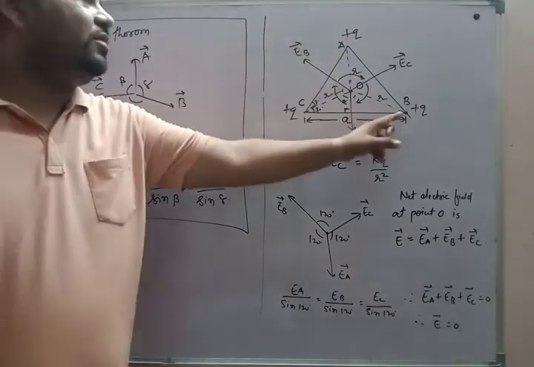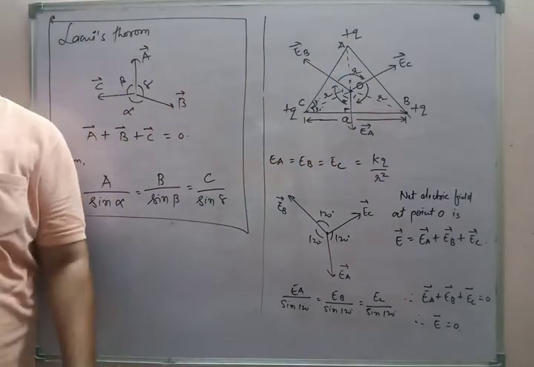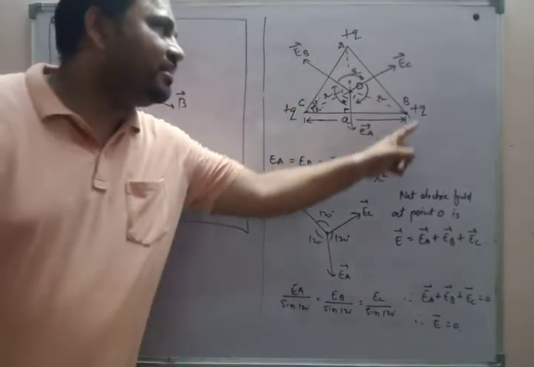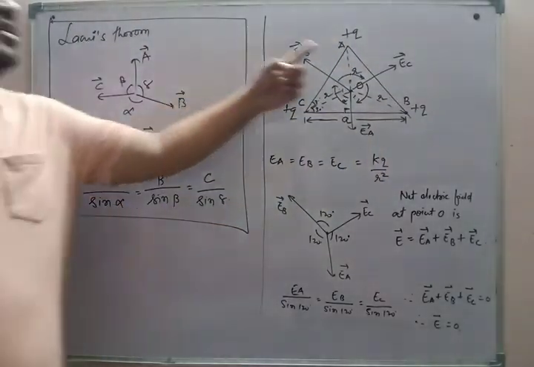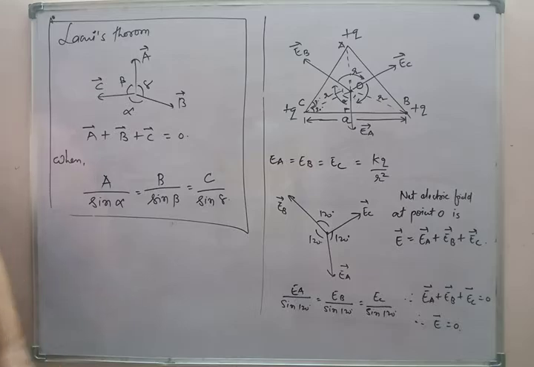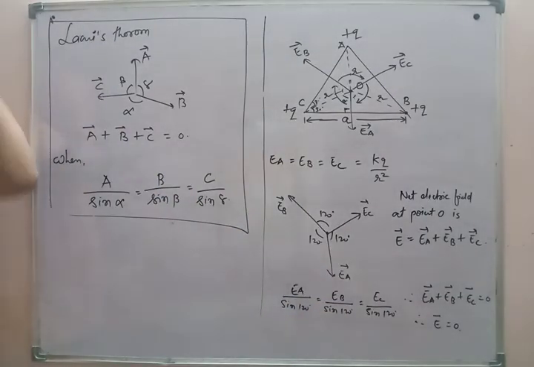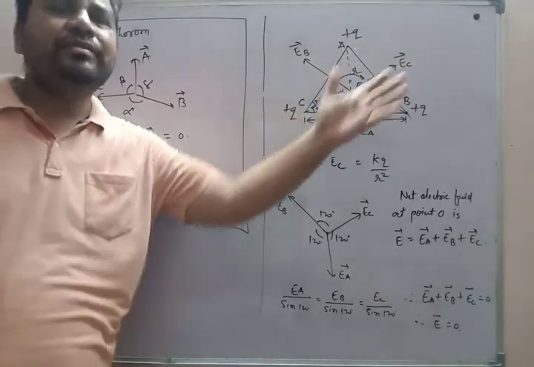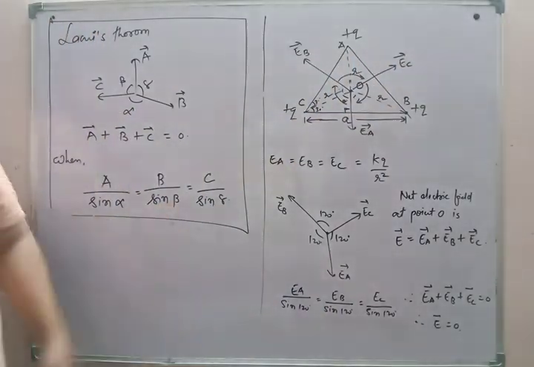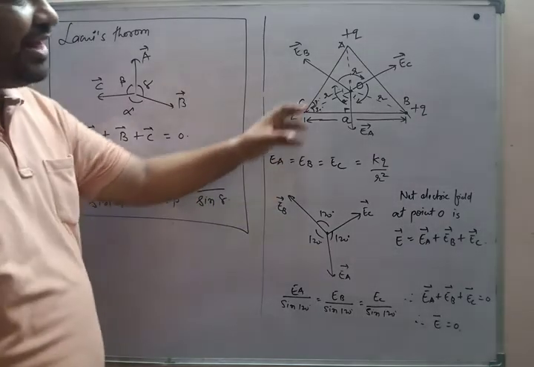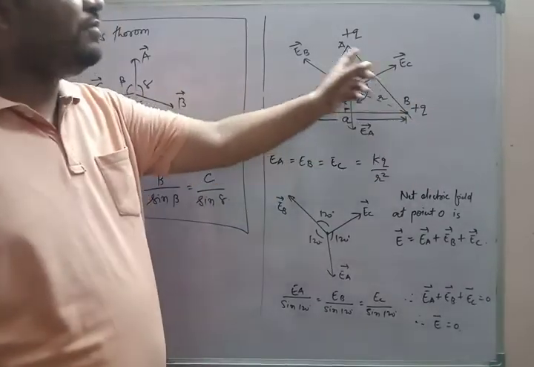If three equal charges are placed at all vertices of an equilateral triangle, the resultant electric field at the center of the equilateral triangle will always be 0. Now we have found this answer using Lami's theorem. There are other methods also by which you can find this value.